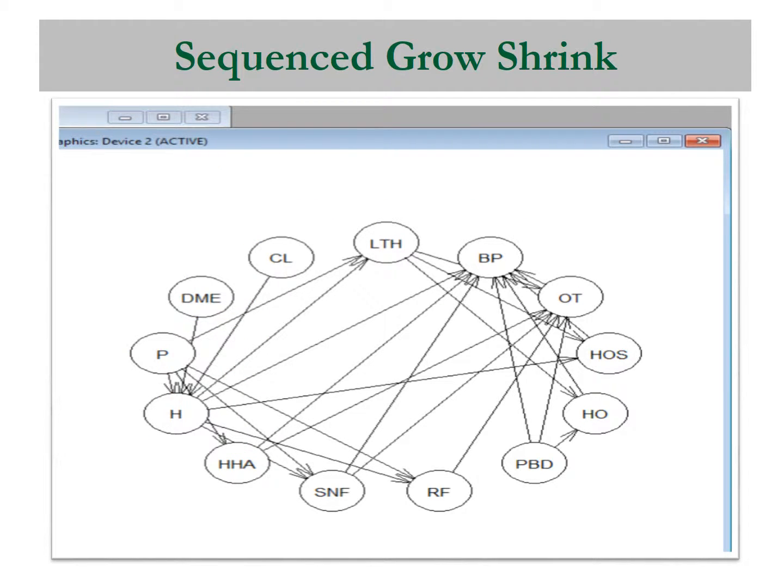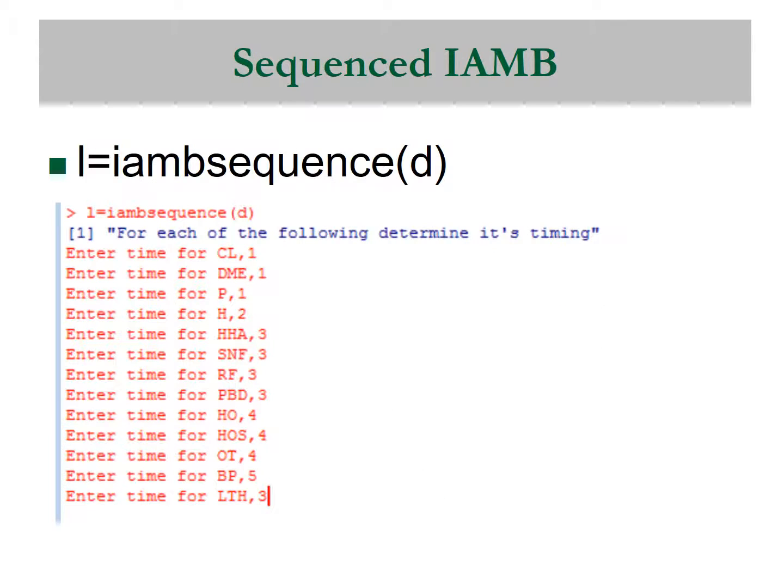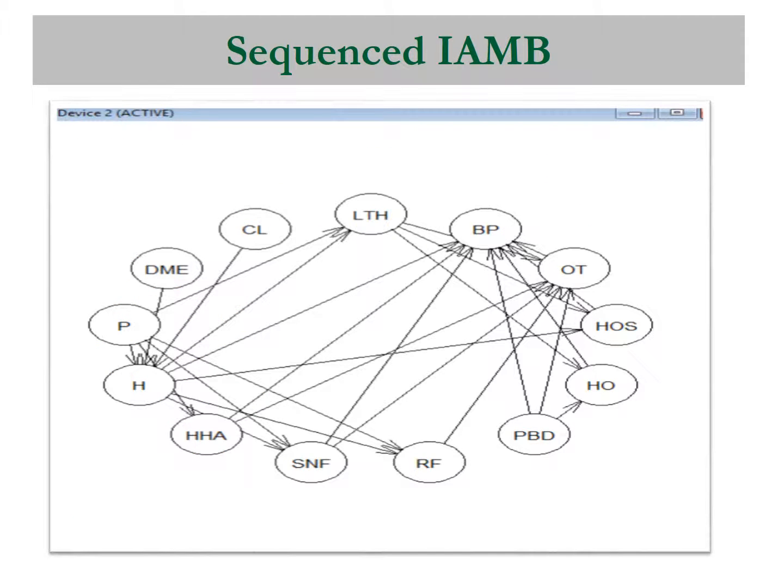So this is our output for the Grow-Shrink method. We are moving to the second method, which is called IAMB sequence. The same thing again. You enter your data points, and at the end, when you enter, it will give you your diagram for IAMB.